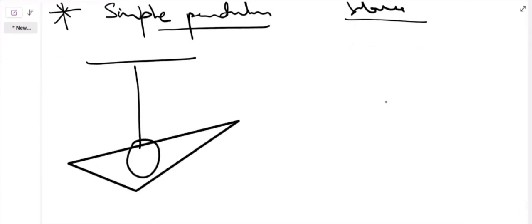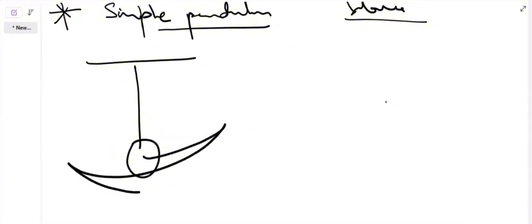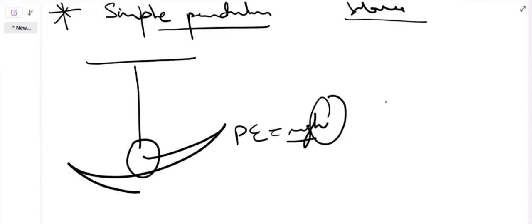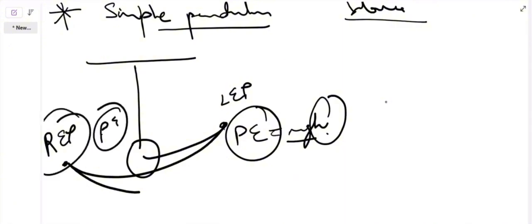When it reaches the height, the potential energy is at its maximum because it is carrying a height, where m and g are constants. Hence, as height is increasing, potential energy is highest at the left extreme point. Similarly, at the right extreme point also, your potential energy is very high.